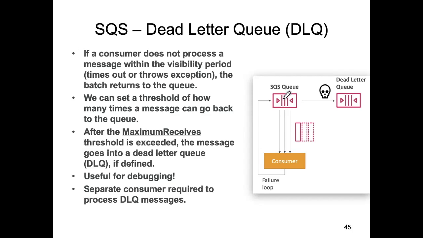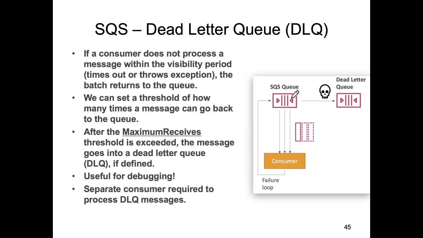So this is what we've got here. We've got what I'm calling my regular queue, which is receiving orders in my case. I've got my consumer here. The consumer, for whatever reason, throws an exception. Now, you have to decide whether you want to allow the faulty message to be reprocessed, or whether you want it to be put into the dead letter queue, and when you want it to be put there.